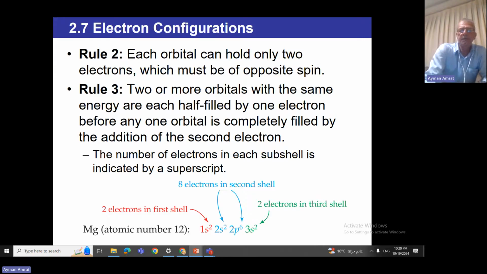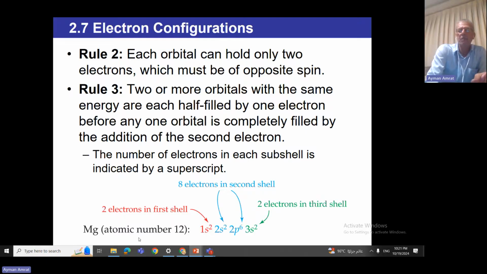That is the subscript for s: two electrons for 2s, two electrons for s. P has three subshells, three orbitals, each with two electrons, total 6 electrons. Now the second shell, 2s2, 2p6, has 8 electrons, and the first shell has 2 electrons.